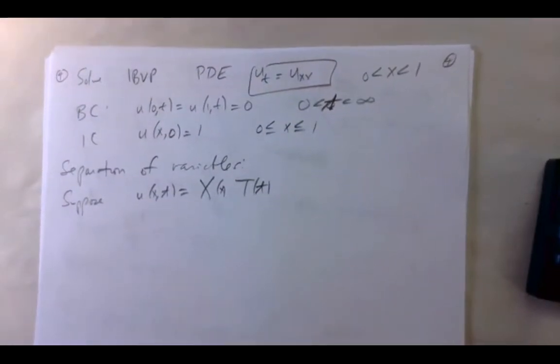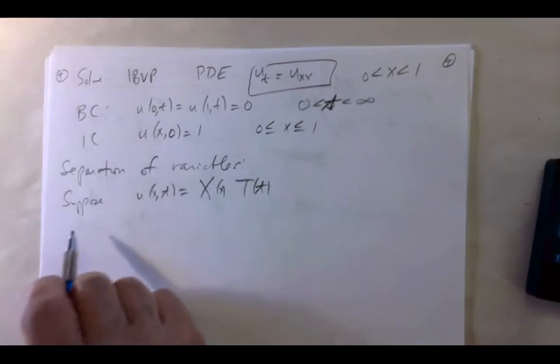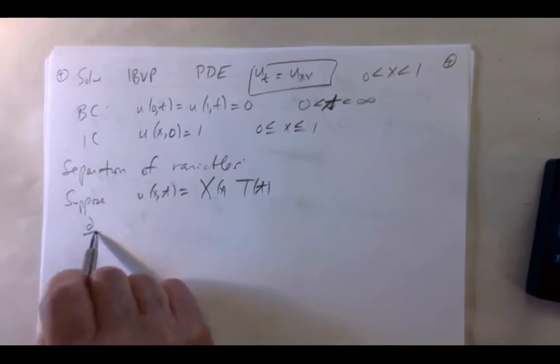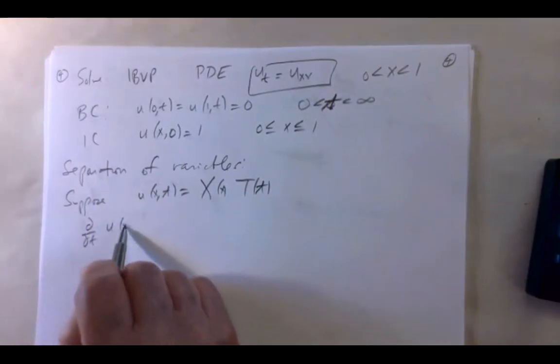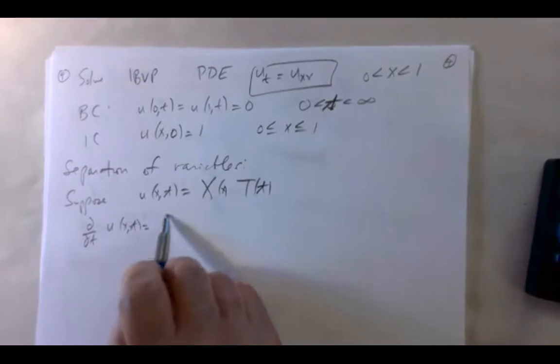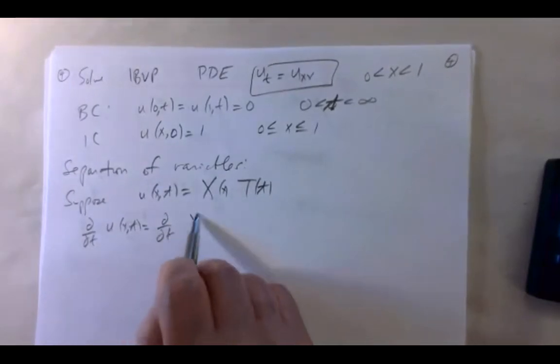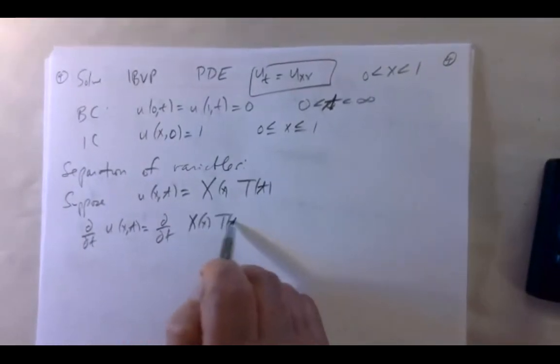And when we differentiate this with respect to t, what do we get? So the partial with respect to t of u of x, t is the partial with respect to t of X of x, T of t.